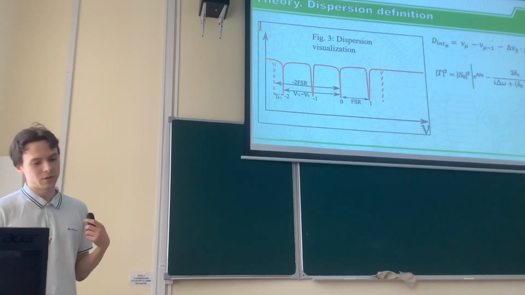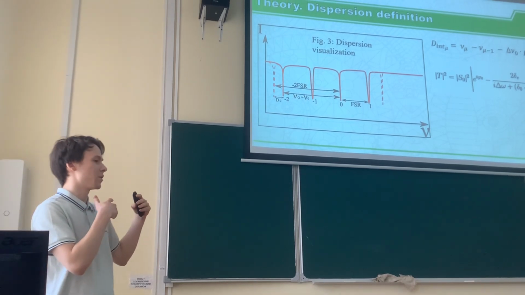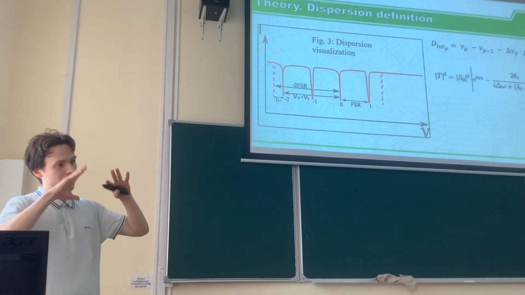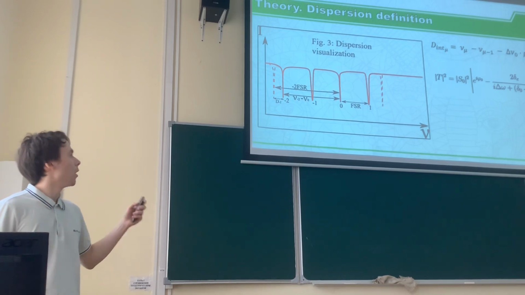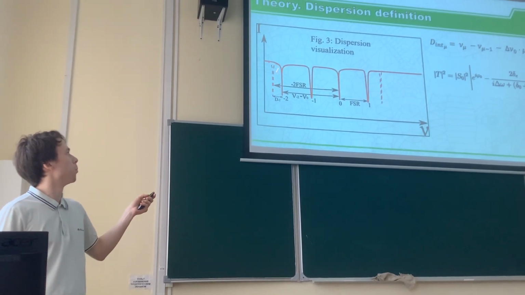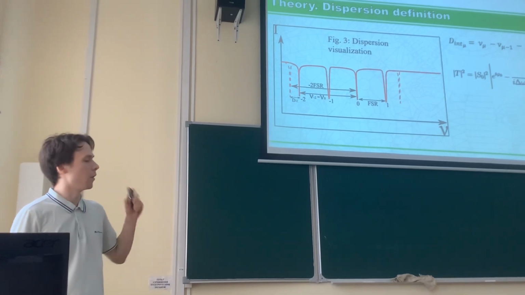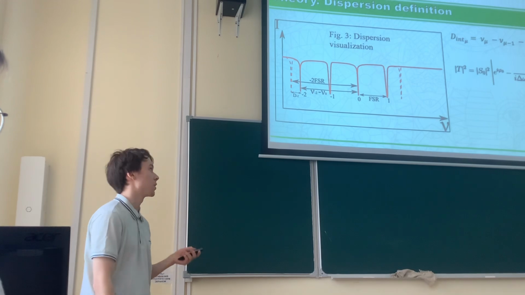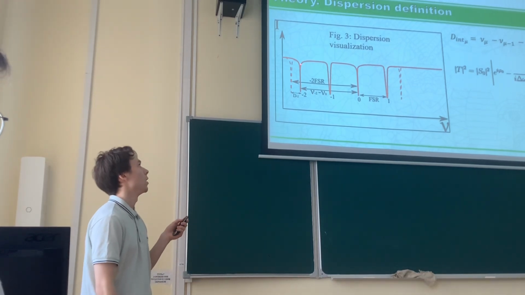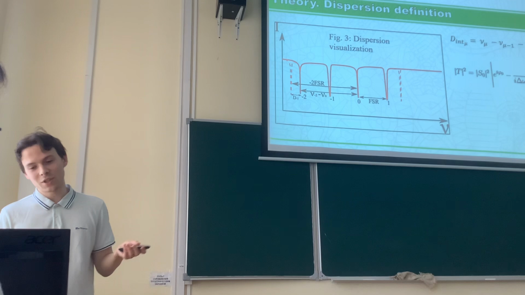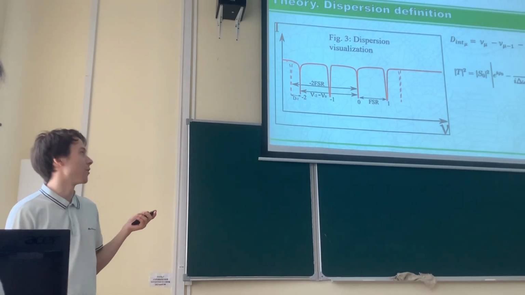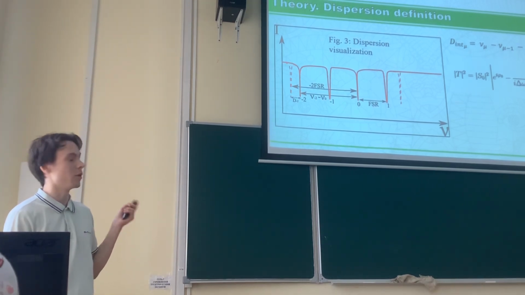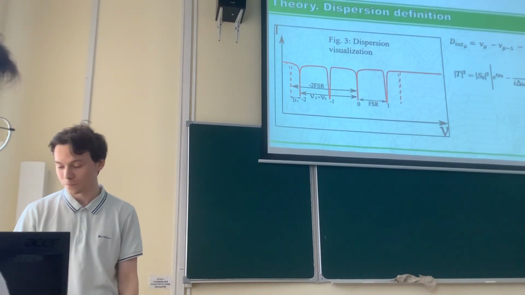It's just the difference between the transmission spectrum distribution in an ideal system without any dispersion, which corresponds to these dotted peaks, and our actual one that we got in the experiment, which corresponds to the solid lines. So all we did is measure the resonance frequencies and calculate the distance between the solid lines and the dotted ones.